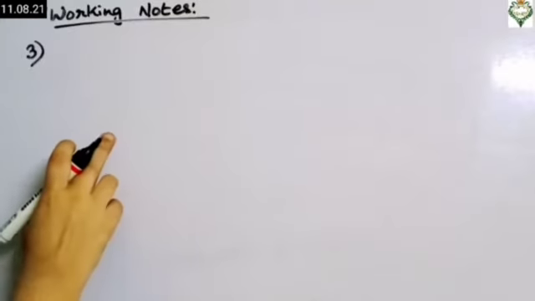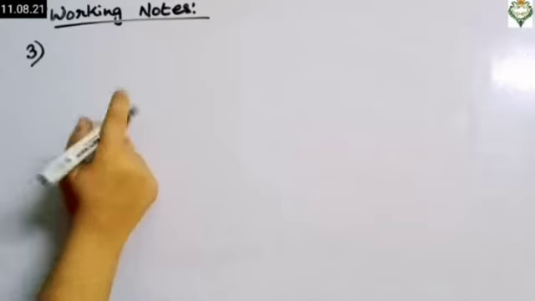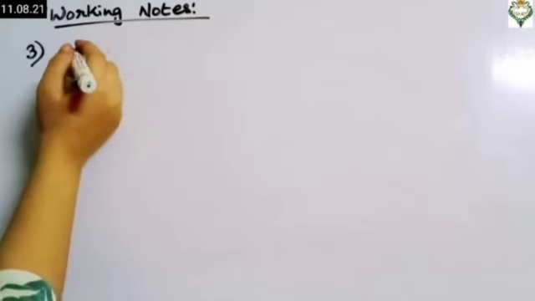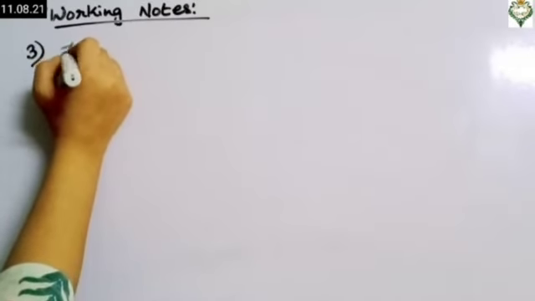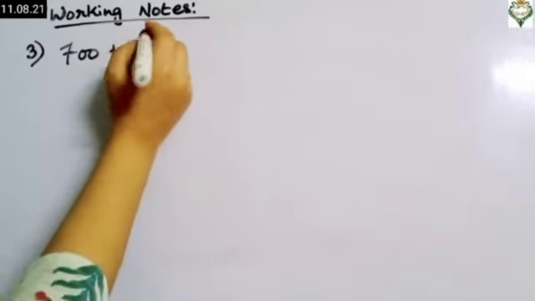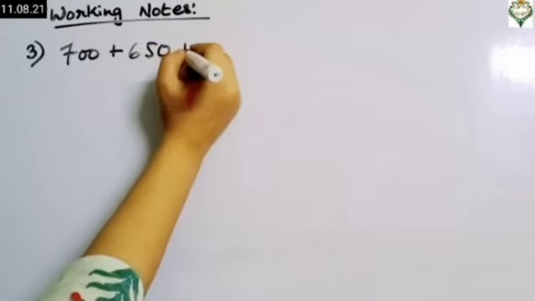So we have to find out first the total cash that we have in hand. So the debit side cash amounts we have to add first, that we have 700, then we have 650, and 450.